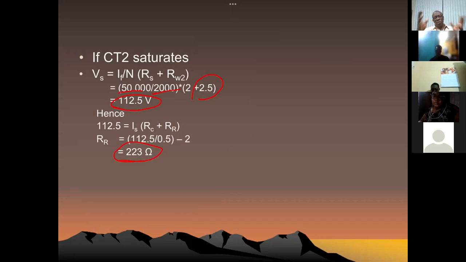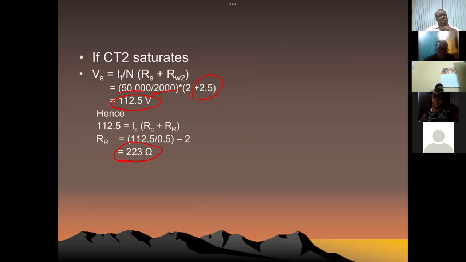So this is where you would have to apply some practicality to the whole thing, right? Let me back up because I don't think I had said it. You would have determined that 50K to be the maximum fault current. So you'd have done a fault survey, okay?